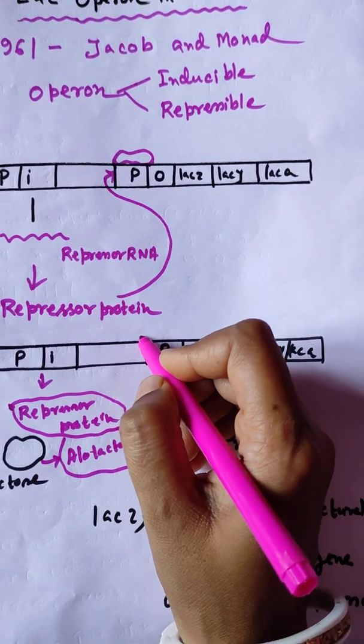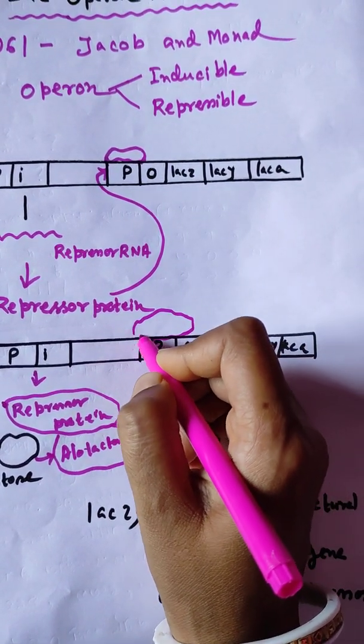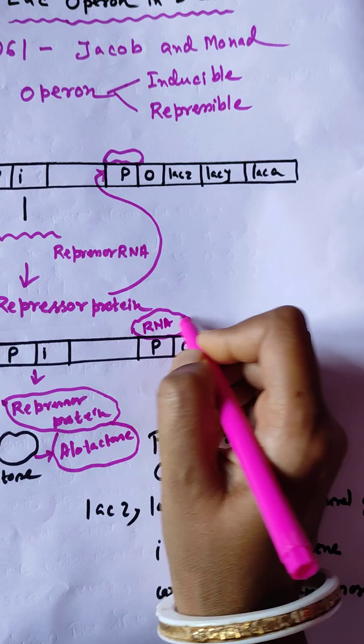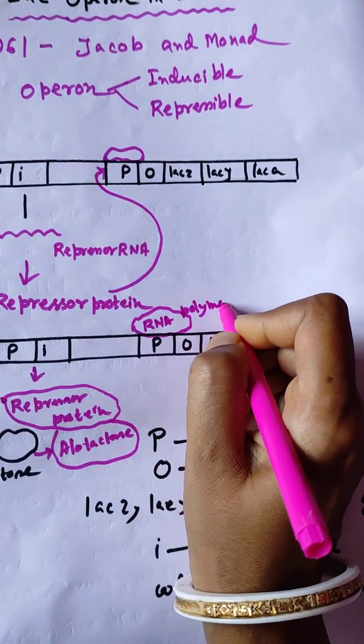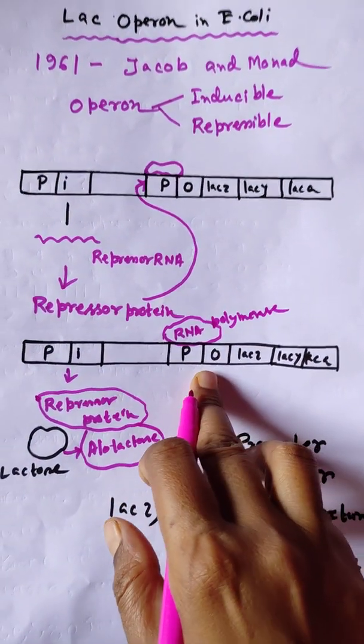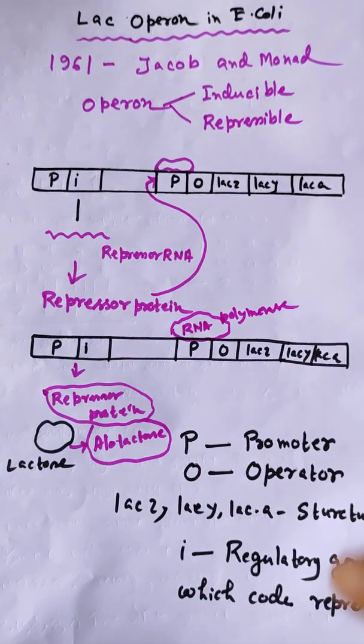Then the RNA polymerase binds to the promoter region and lac ZYA is transcribed.